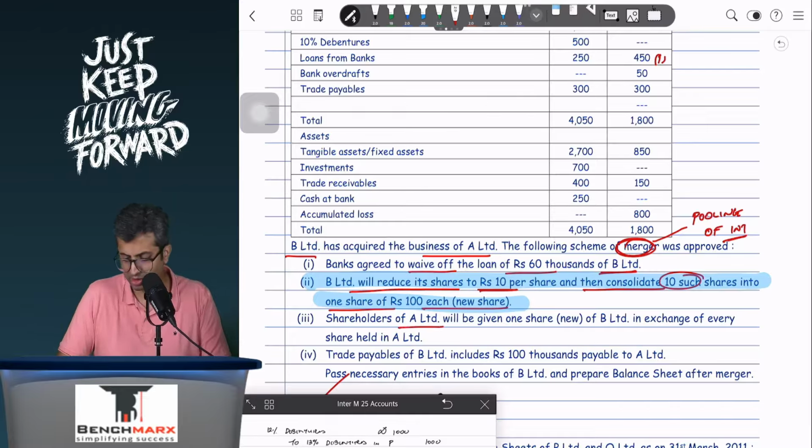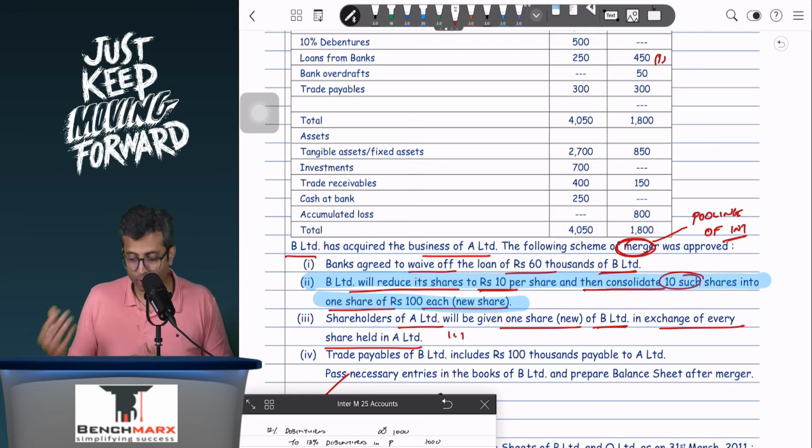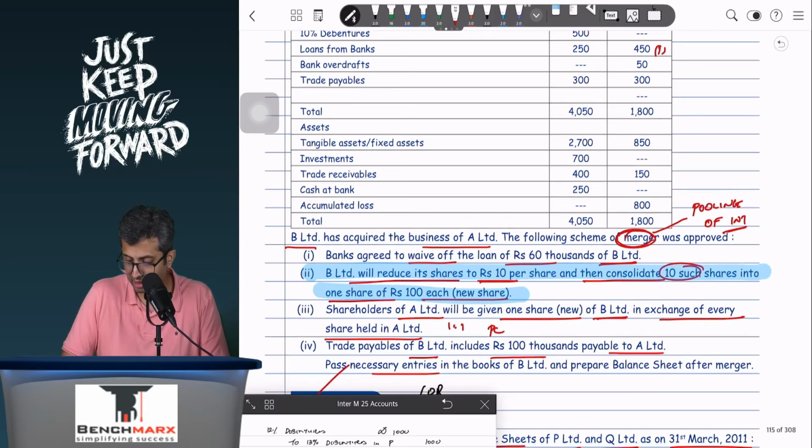Now shareholders of A will be given one share, which is a new share of B, in exchange of every share held in A. So this is a 1:1. One new share after the capital reduction as well as share consolidation of rupees 100 each for every share held in A. So this is your purchase consideration working. And trade payables of B include 100,000 payable to A, intercompany. Pass the necessary entries in the books of B and prepare the balance sheet after the merger.